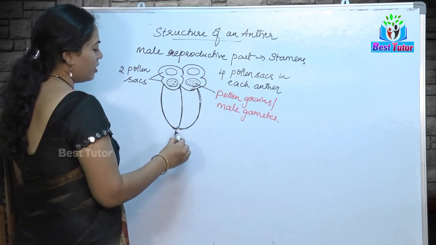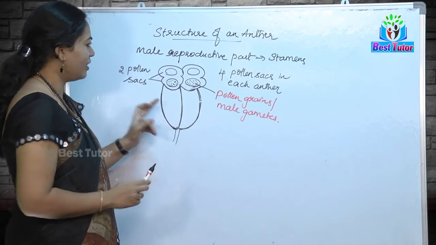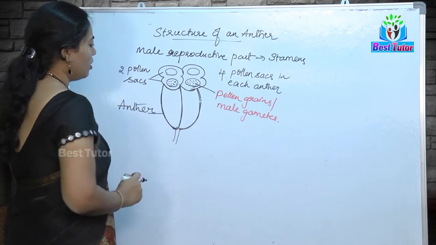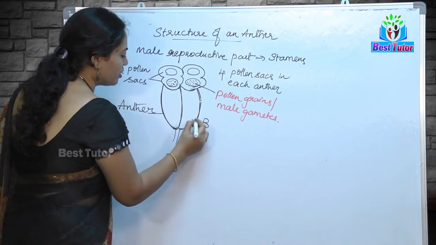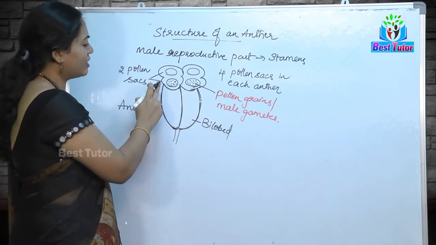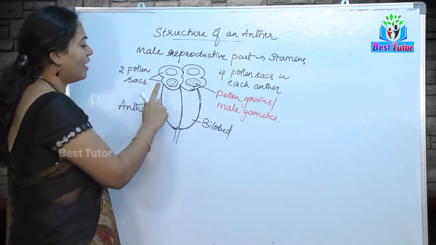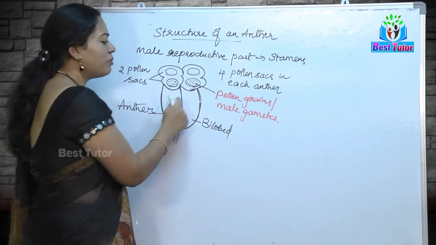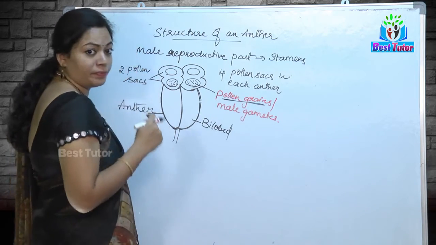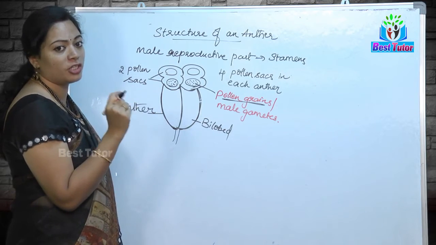If you examine the stamen structure, the filament has a bilobed anther, and each lobe consists of 2 pollen sacs. Overall we have 4 pollen sacs, and these are responsible for the production of the male gametes known as pollen grains. Now these pollen grains are essential in the pollination process.